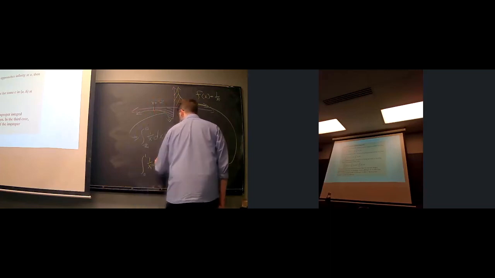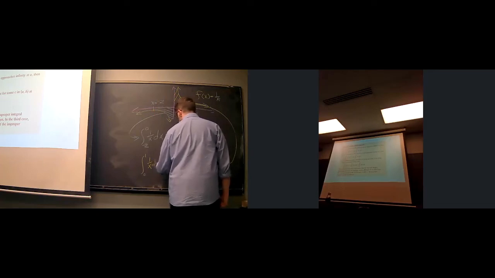Now, in the second case, we would have the integral from 0 to 1 of 1 over x dx. But again, our function doesn't exist at 0, so we have to consider the limit. We would say the limit as c approaches 0 from the right.